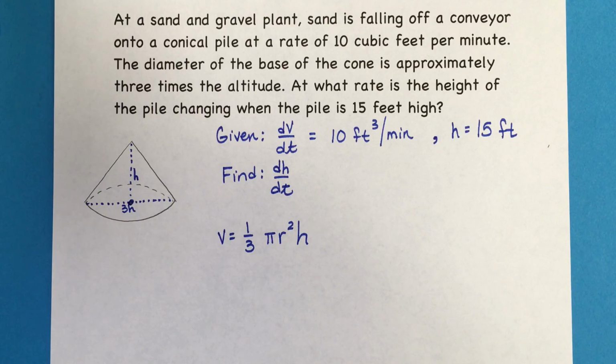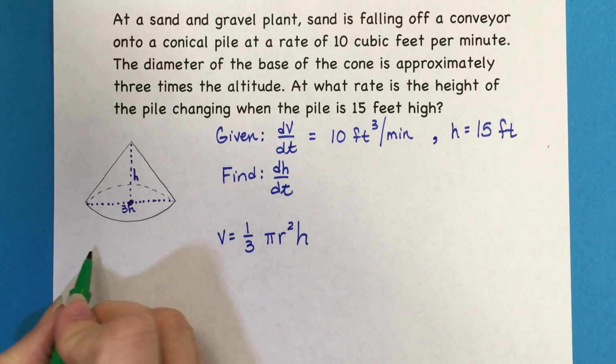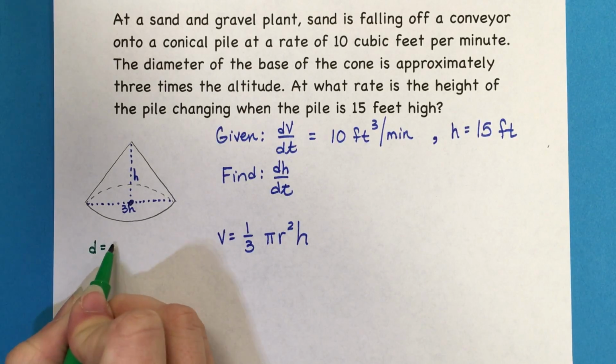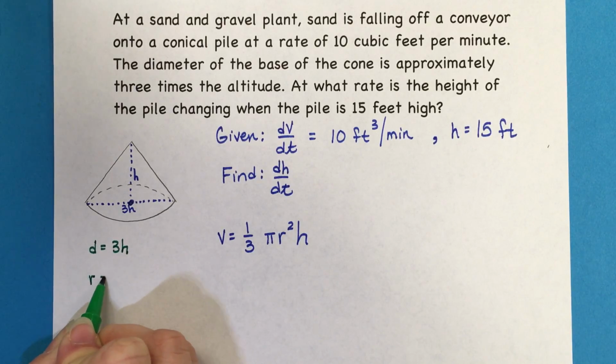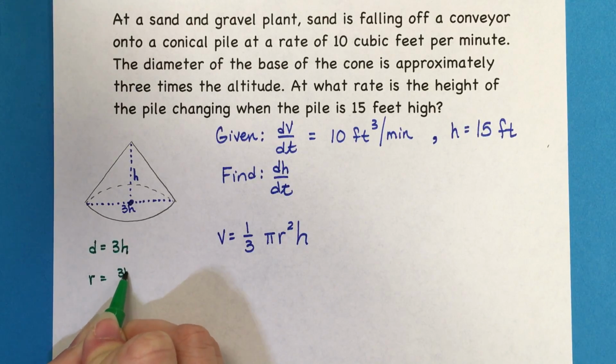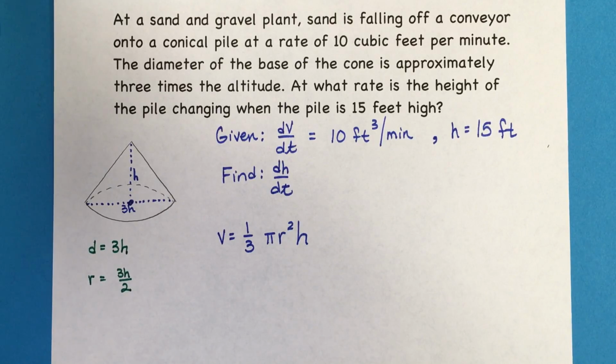Of course, if you can get diameter, you can also get radius. I know that my diameter is 3h, so my radius would be 3h divided by 2, because my radius would be half of it. So I can substitute for radius 3h over 2.